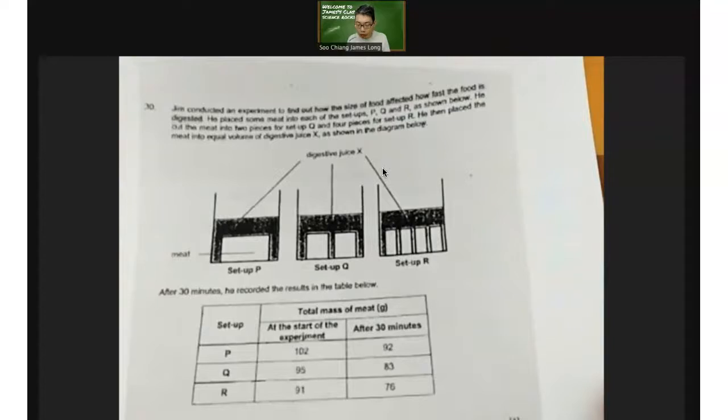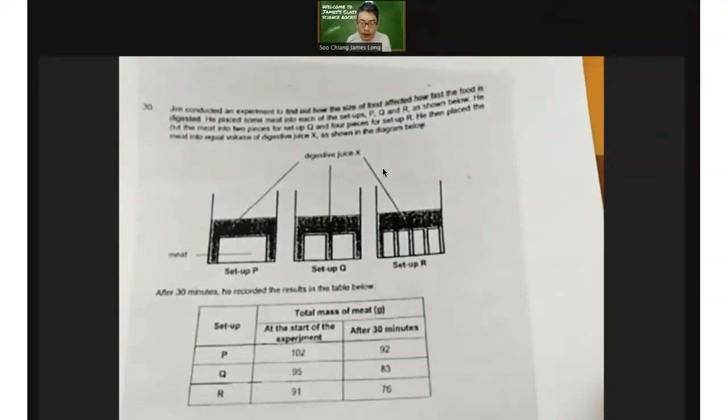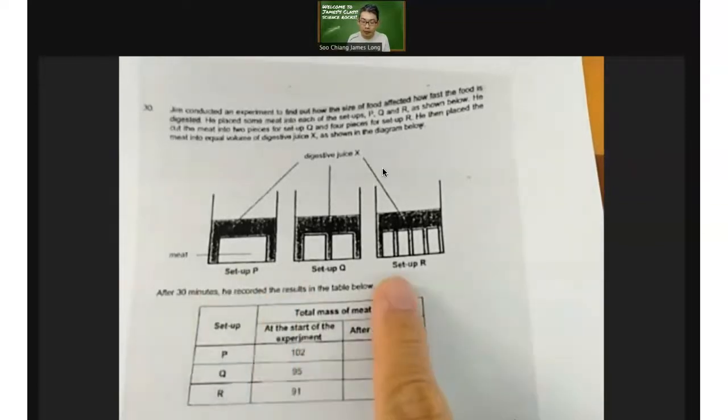Now, because the picture is not too clear, let me read out the question to you. Jim conducted an experiment to find out how the size of food affected how fast the food is digested. He placed some meat into each of the setups below, P, Q, and R, as shown.